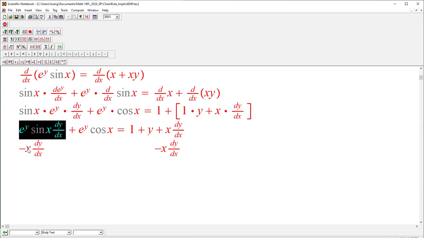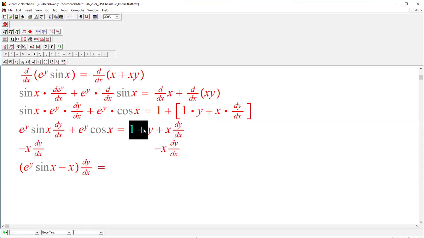We got these 2 combined on the left-hand side. So we have dy dx times, inside the parentheses, e to the power y sine x minus x. On the other side, it's just 1 plus y, right? So that's the effect of subtracting these.